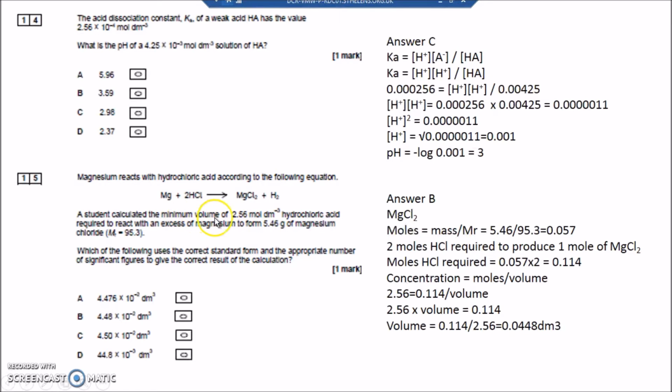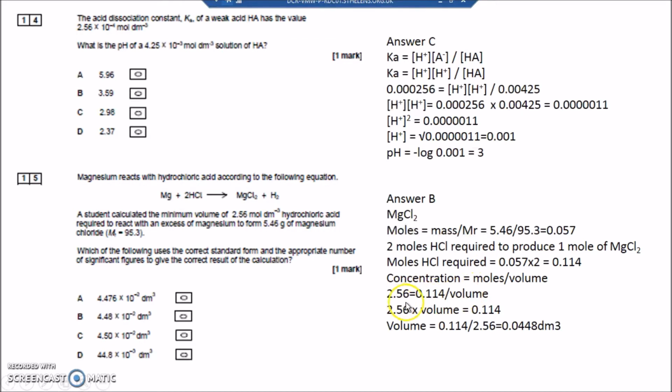So what else have I been given about the hydrochloric acid? I've got 2.56, a concentration. So I've got the number of moles of hydrochloric acid needed and the concentration of hydrochloric acid. Concentration equals moles divided by volume. 2.56 equals 0.114 divided by the volume.